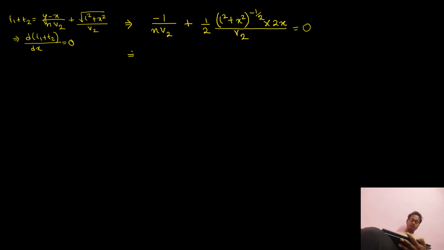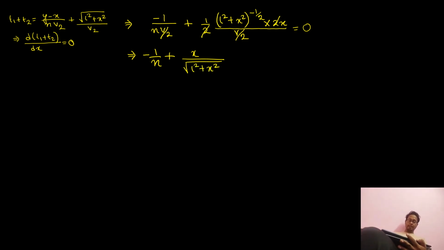Can I simplify this term? v2 and v2 will get cancelled, because if I take v2 common and multiply it by 0, this will get cancelled. So 1 by n plus x by under root of L square plus x square.